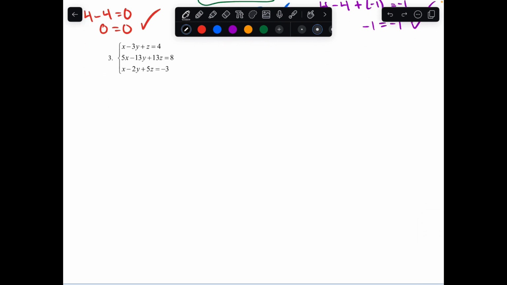Moving on to number 3, I see that we have an equation right here. It has a coefficient of 1 on my x. So I think I'm going to use that one to try to eliminate the x's in the other equations. So I have x minus 3y plus z is equal to 4. Now I'm going to go ahead and do the second equation in red and the third equation in blue.